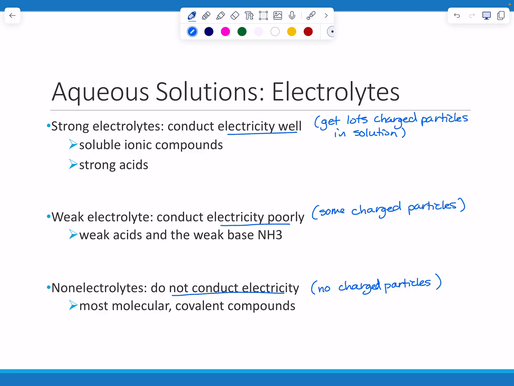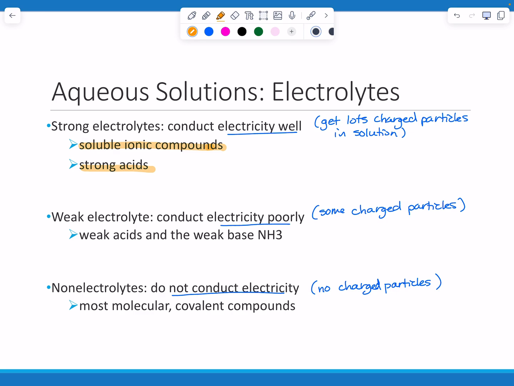The things we think of as strong electrolytes are going to be soluble ionic compounds, and we'll find out in a minute that not every ionic compound will dissolve in water, and things that we consider strong acids, and we'll talk about what acids are in a little bit.